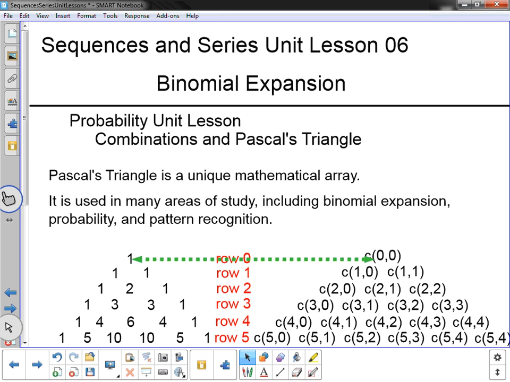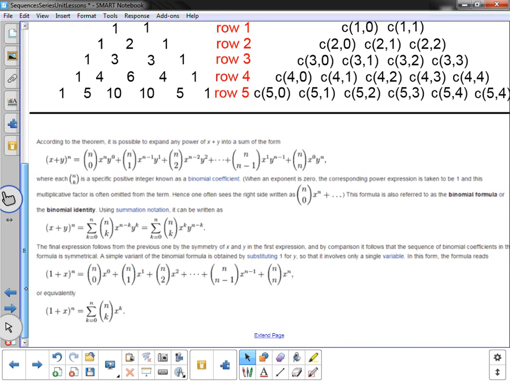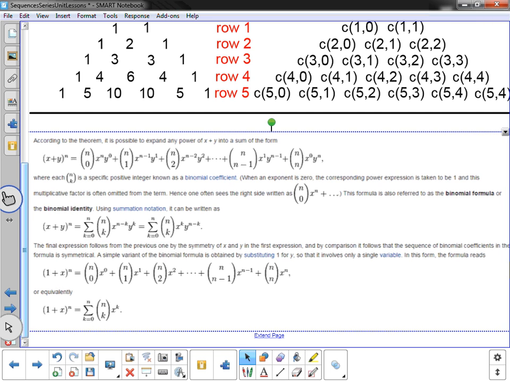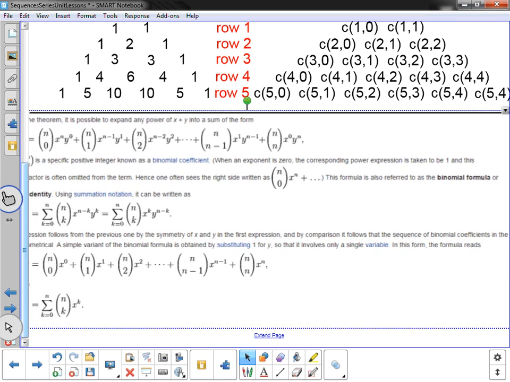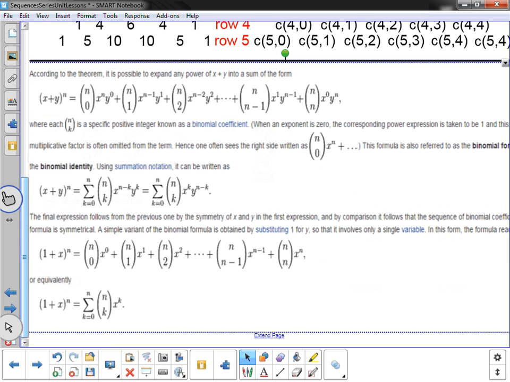So now let's talk about what binomial expansion is. According to the theorem, it is possible to expand any power of x plus y into a sum of the form yada yada yada.